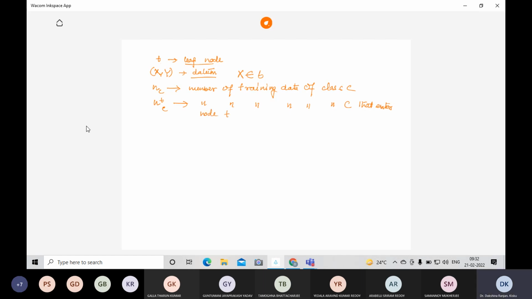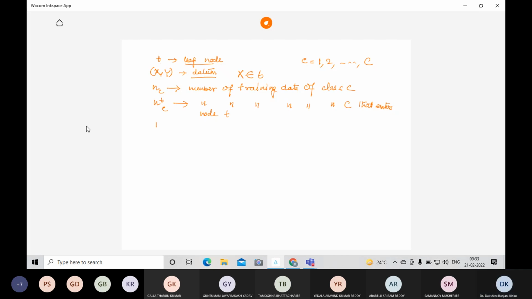Let us consider that we are dealing with capital C number of classes, and small c represents a particular class, or we can say the cth class. So NTc is the number of training data of class c that enters the node t.